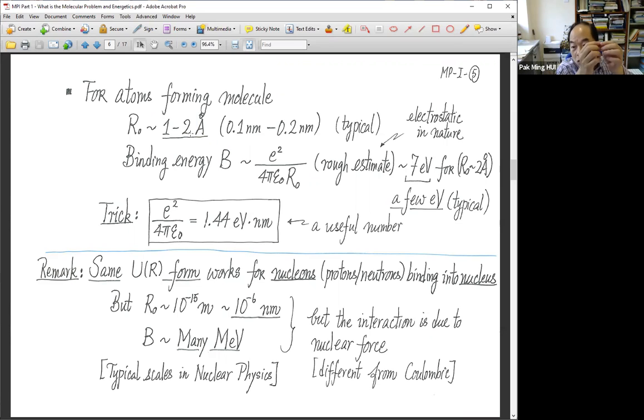If the two hydrogen atoms are 10 angstrom apart, the 1s wave function is exponentially decaying. So this wave function decays very quickly to 0, and then the other one also decays very quickly to 0. That is to say, this atom does not sense the other atom's presence.